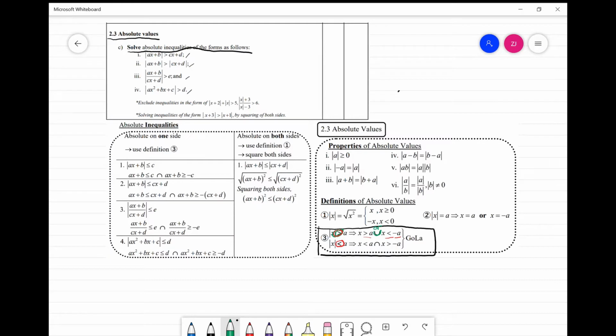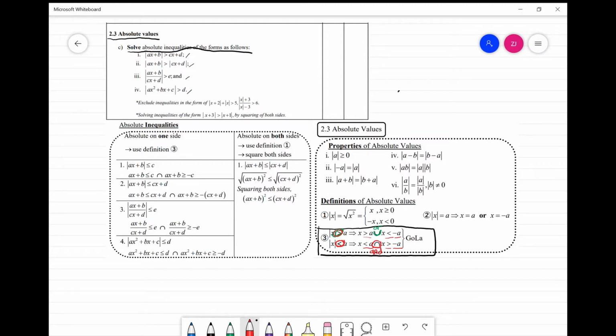And if we have the absolute value less than a, we define the inequality as x less than a, and then x greater than negative a. When we have this less than sign, we are going to have the operation of intersection, represented by the word and.